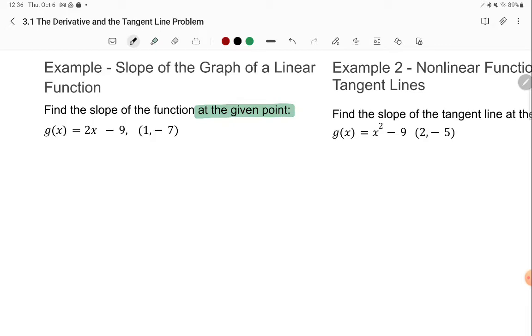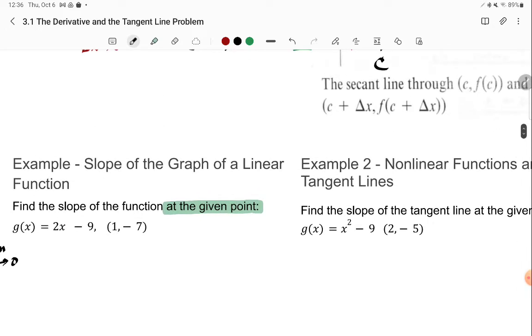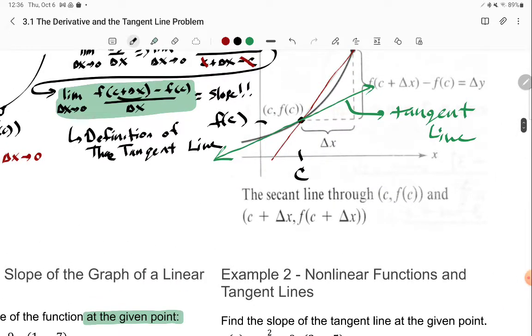All right, so I'll help you get it set up. It's going to be the limit as the change in x approaches 0 of, now it's going to be 2 and then x. Remember, that's where you're plugging in your c plus change in x. So we're plugging in the c plus change in x and then the c.